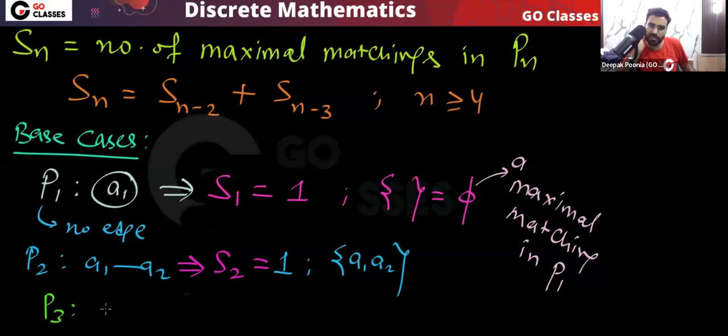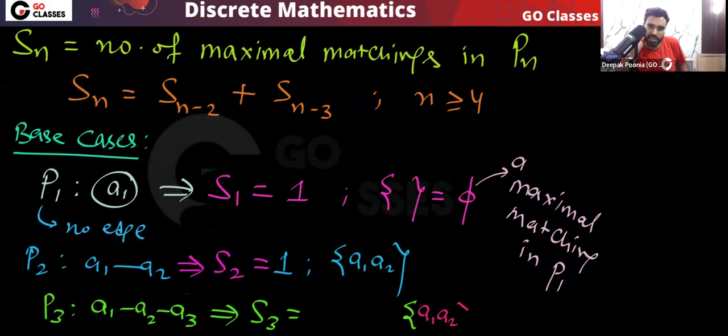What about P3? P3 means path graph on three vertices. In this P3, how many maximal matchings will be there? What is S3? S3 means the number of maximal matchings in P3. There are two edges and they are adjacent. So either I can take A1 A2, or I can take A2 A3.